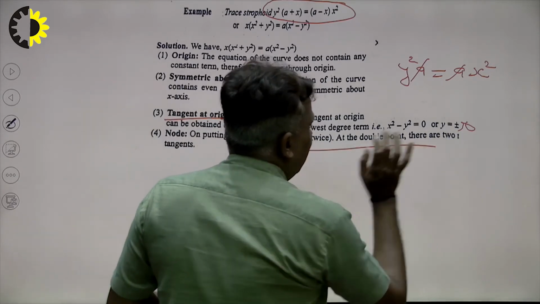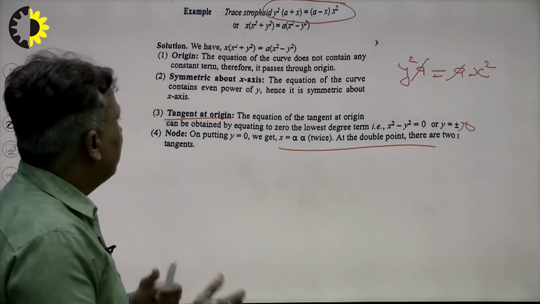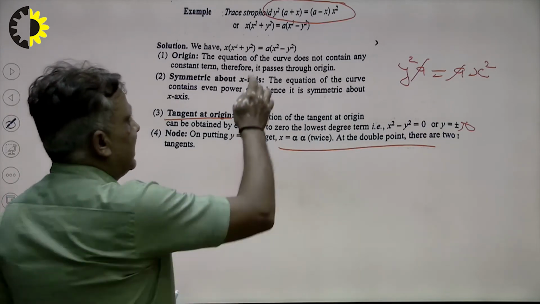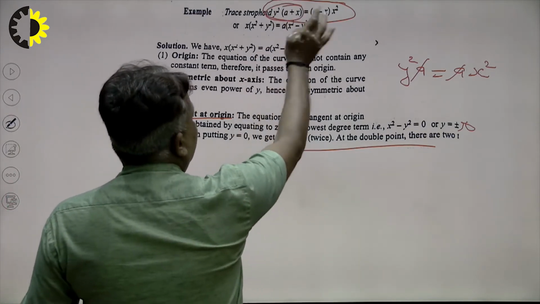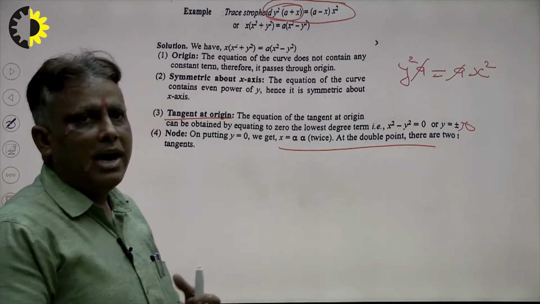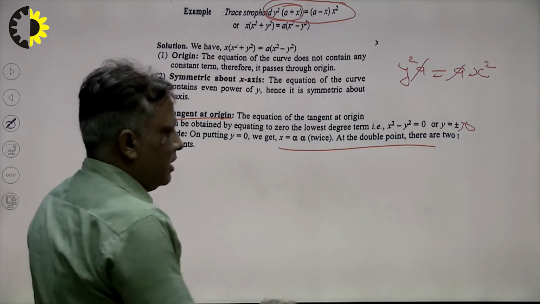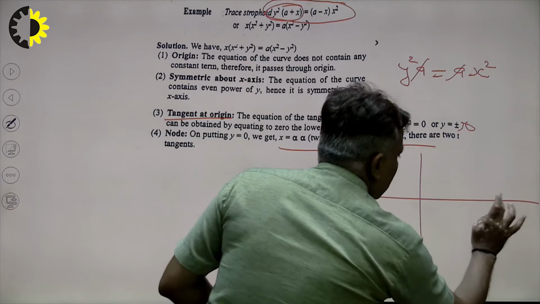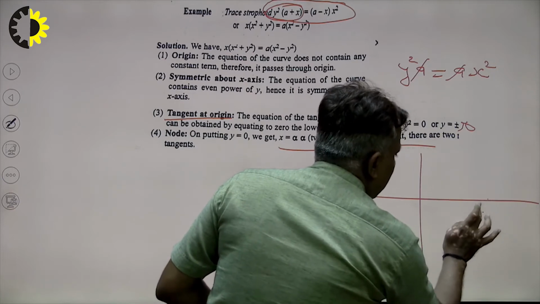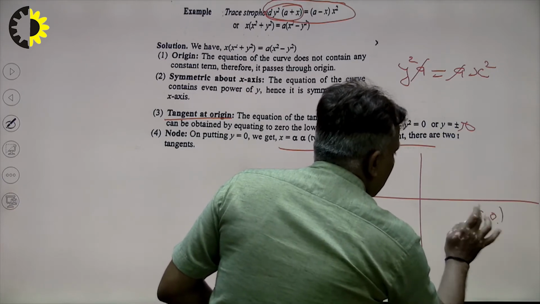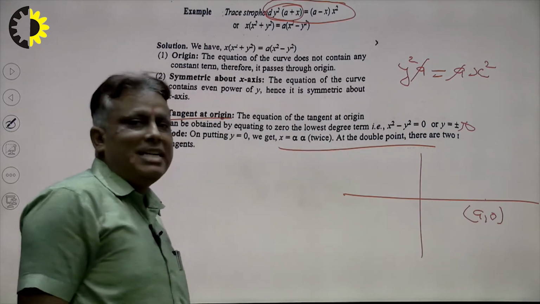I write here, putting y is equal to 0, so what will be the x? So x will be 0 and a, that means there are 2 points. First is a comma 0. Now the question is what will be the tangent at a comma 0?